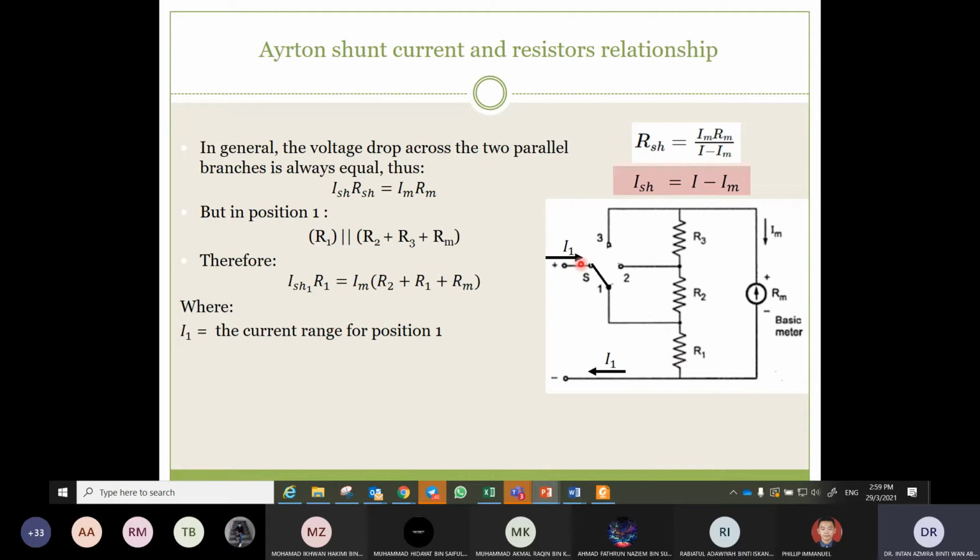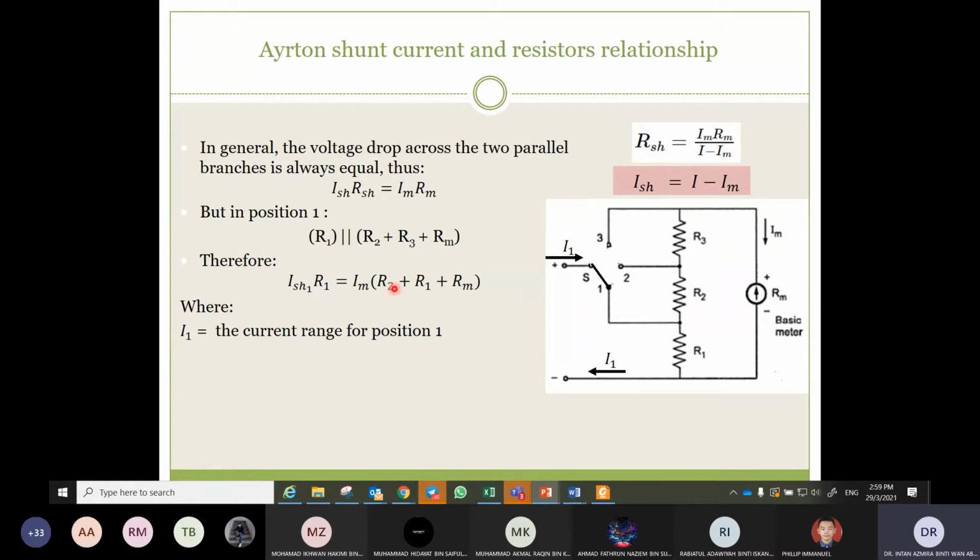Now the switch is at 1. I shunt 1 is the current flowing through here, multiplied with R1, equal to Im in the bracket of R2 plus R3 plus Rm.